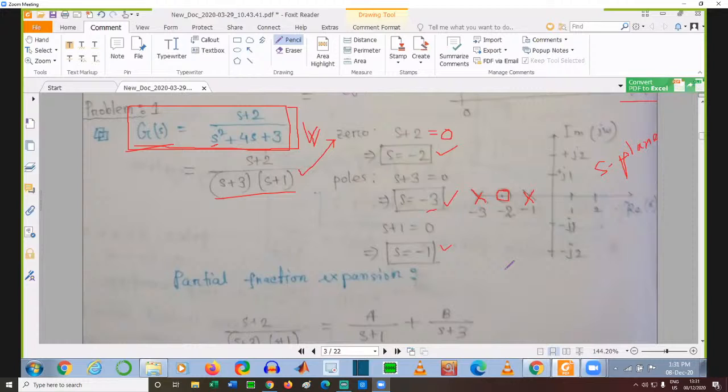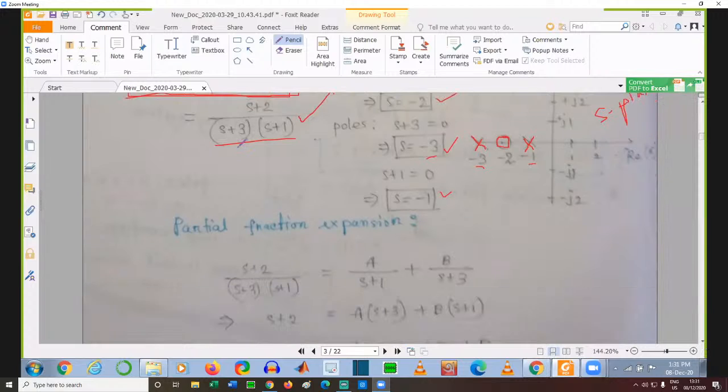Yes, so we have two poles. You can see here we have two poles, one at -3 and the other at -1. So from that pole plot, we can assume that these two poles will contribute to a stable system. So let's check that. If we draw this transfer function in the time domain, what will be the curve of this transfer function?